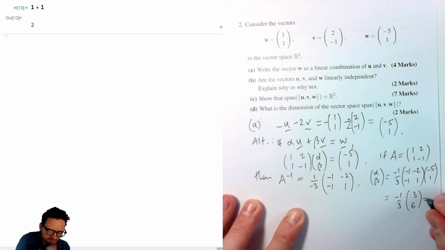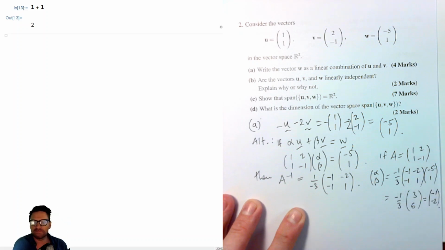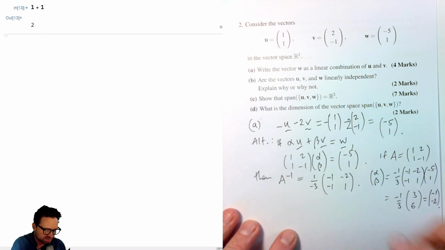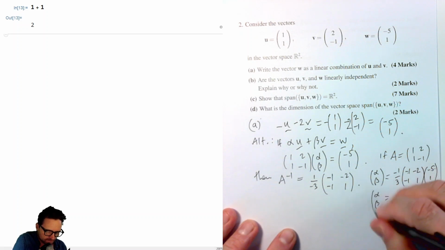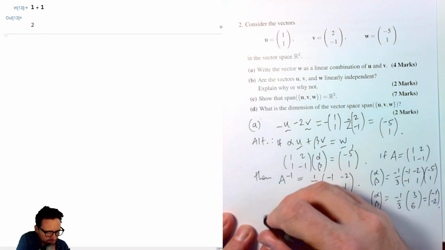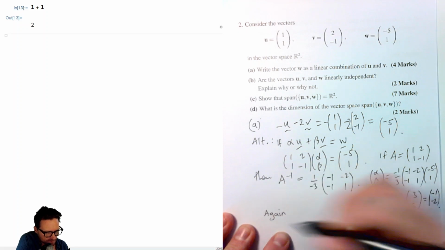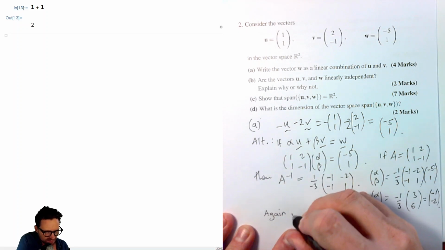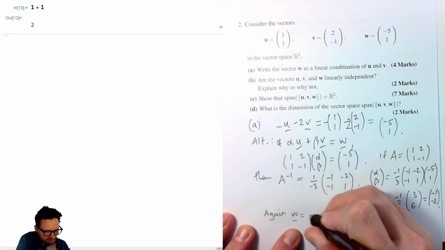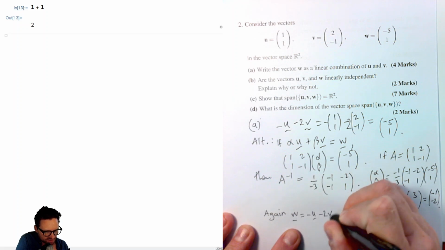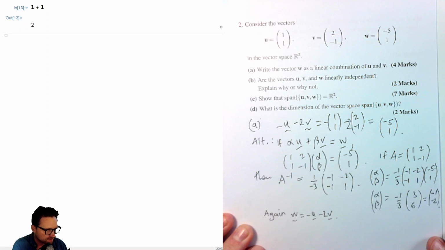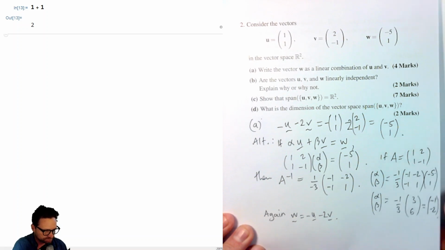Okay, and so this simplifies to be minus 1, minus 2. All right, which gives us alpha and beta. And again, we would see then that w is equal to minus u minus 2v. Okay, so that's part A done.